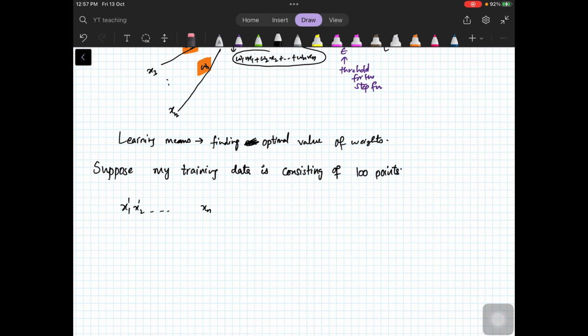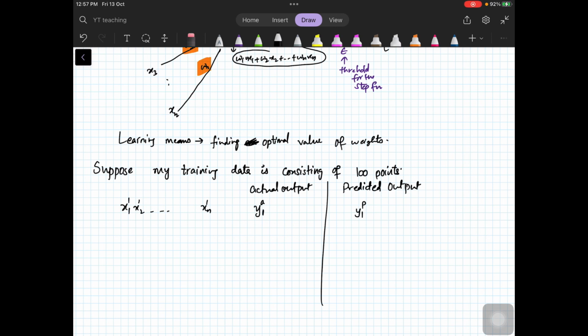Let me put 1 on the top so that I know this is my first instance, and suppose y1 is the output which I am expecting. This is the expected, actual output, because I already have the data, and this is my predicted output from the perceptron. So this is actual, this is predicted.